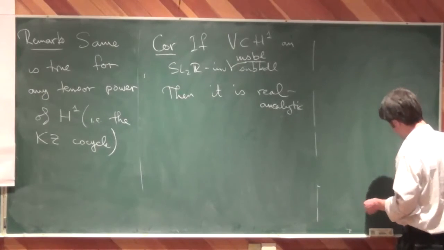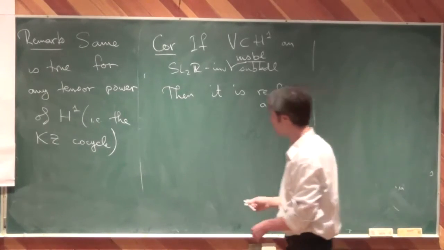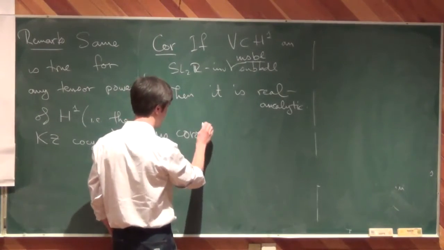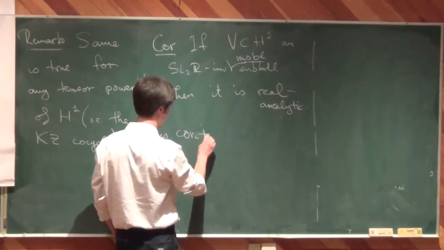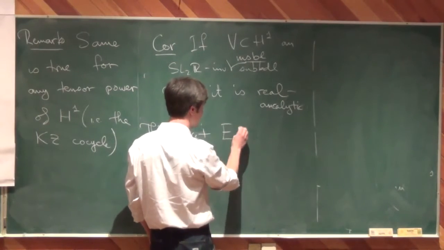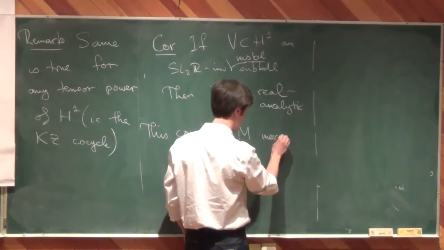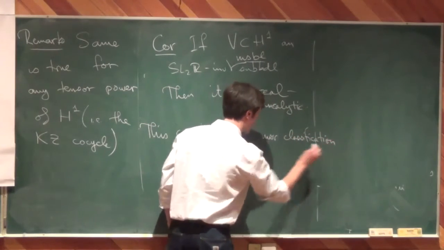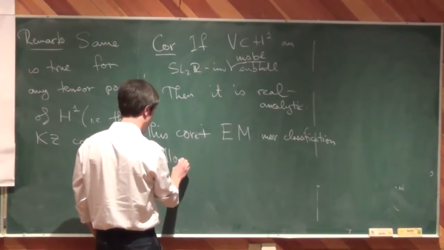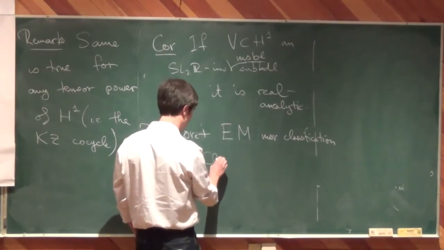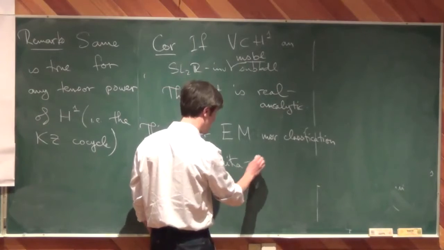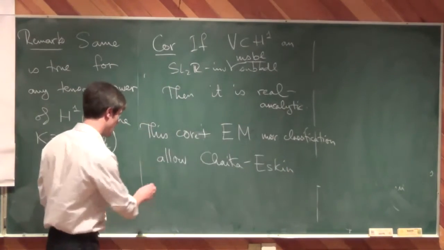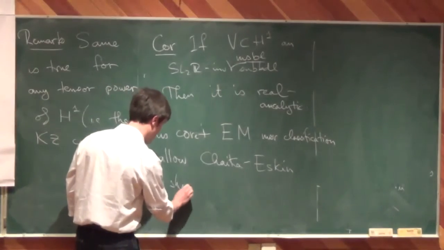So now I can explain why this particular corollary, plus the Eskin-Mirzakhani measure classification, allow John Chaika and Alex Eskin to show the following.